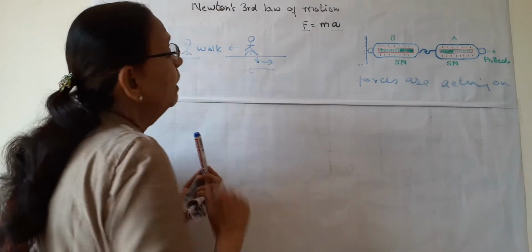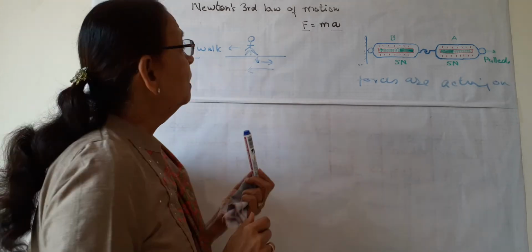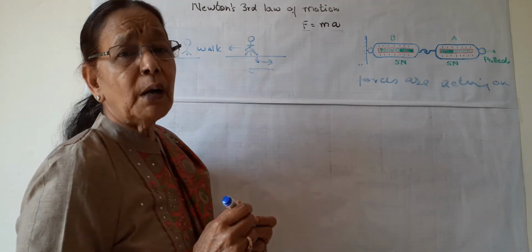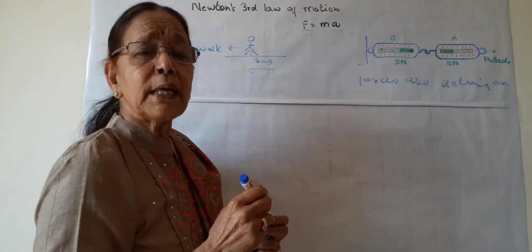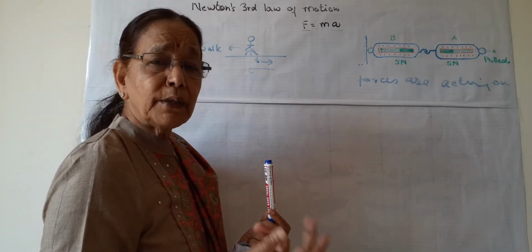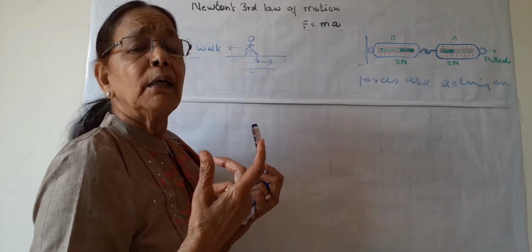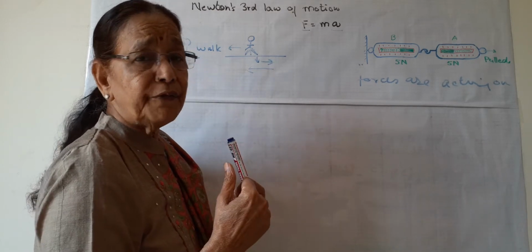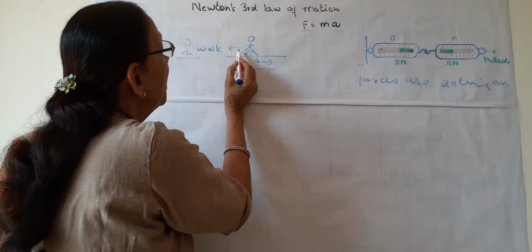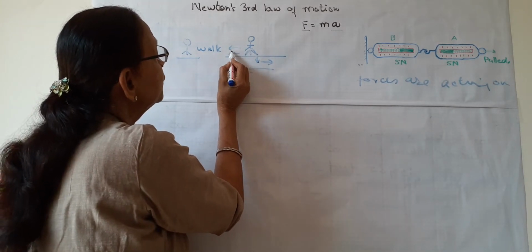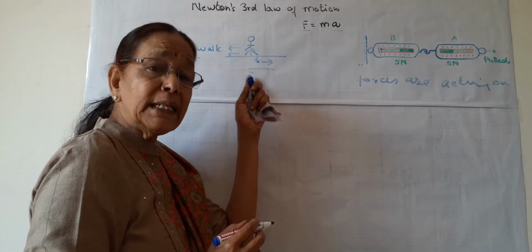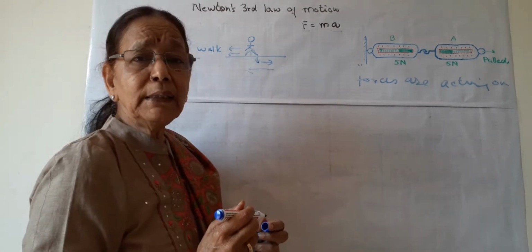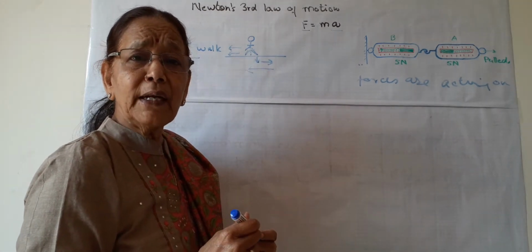One thing we can think about this walking: when both the forces are equal in magnitude, and only the direction is opposite, the man is moving, there is a change in velocity of the man, that is, the man is accelerating. But what about the earth? Is the earth also accelerating?